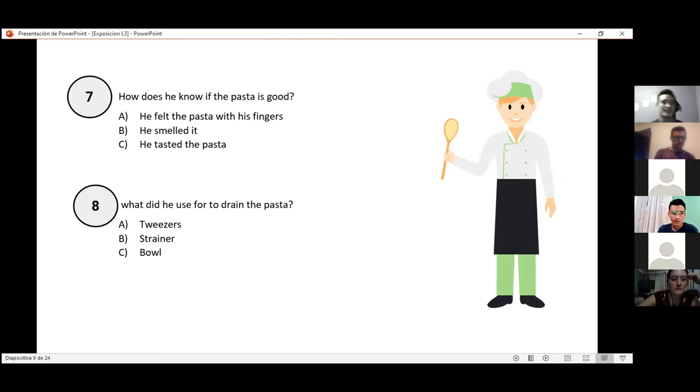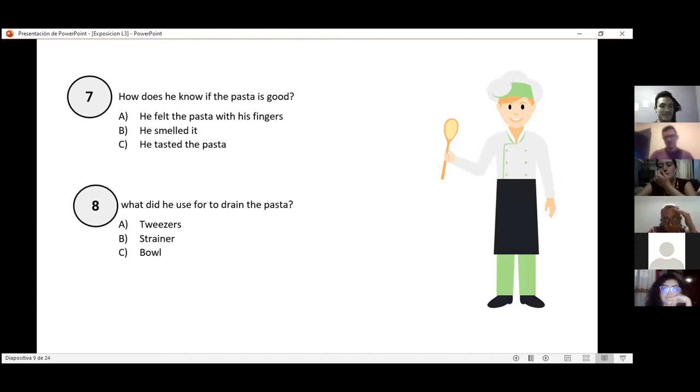Okay, and the last question is, what did he use to drain the pasta? Pay attention. Tweezers, strainers, or a bowl? Strainer. Who says strainer? Laura. Laura, this is the correct answer.